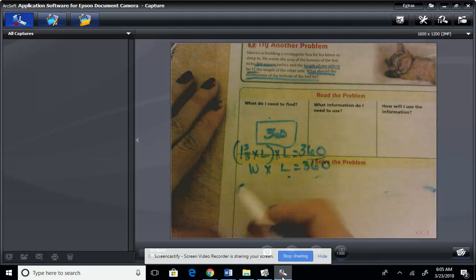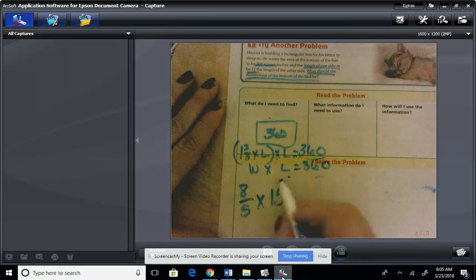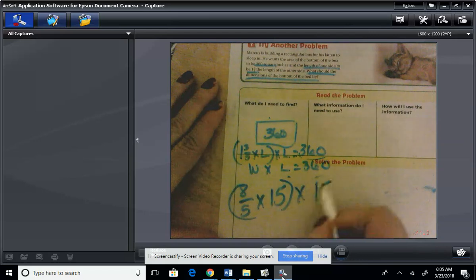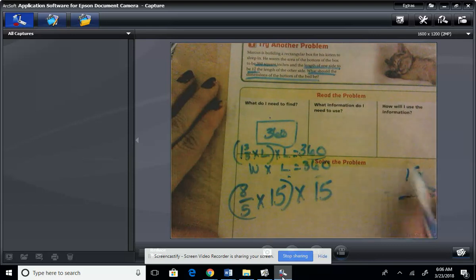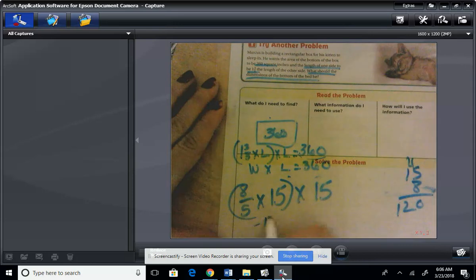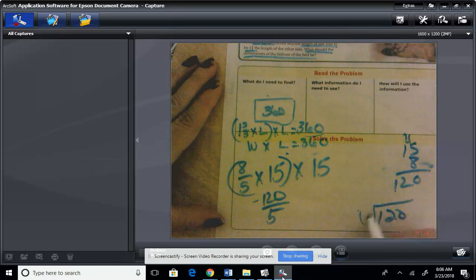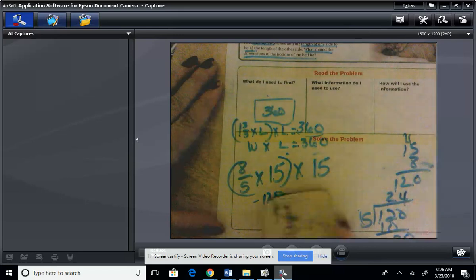I'll try halfway in the middle. I'll try 15. So 8/5 times 15 times 15 equals, so let's do that. Well, 15 times 8 is 120 over 5. And 120 divided by 5 is 24.